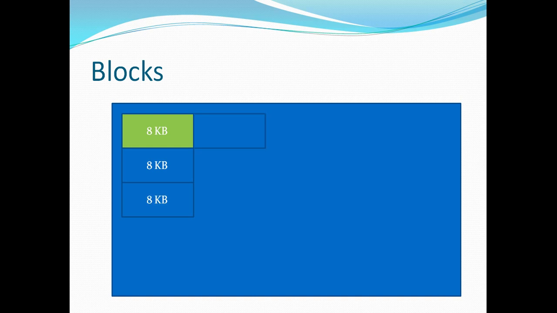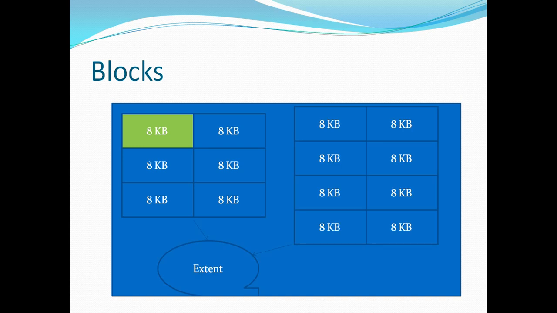Here in this figure we have 6 blocks next to each other forming an extent. So it's a higher level storage unit. In the diagram we see 2 different extents formed by contiguous blocks that are together.